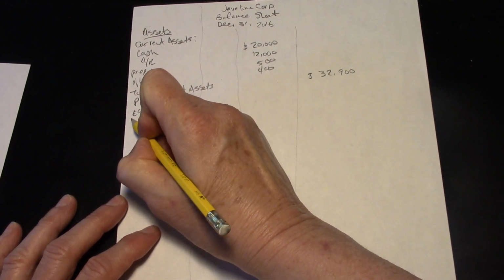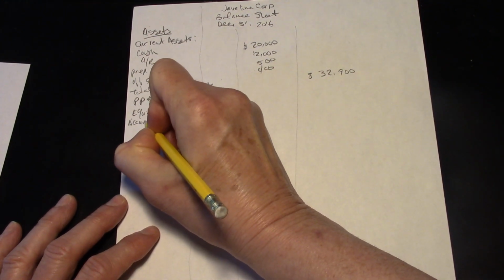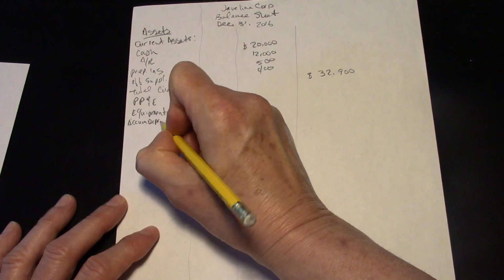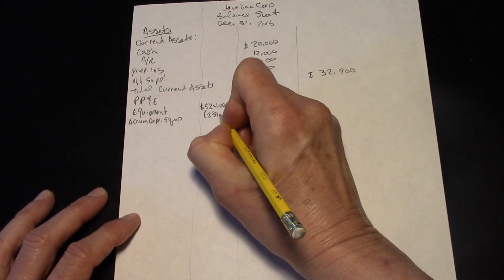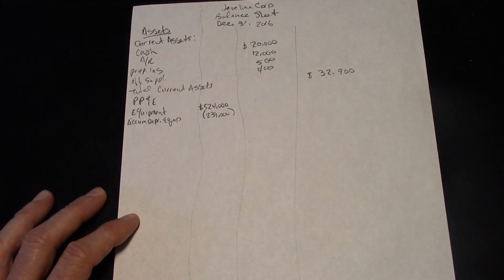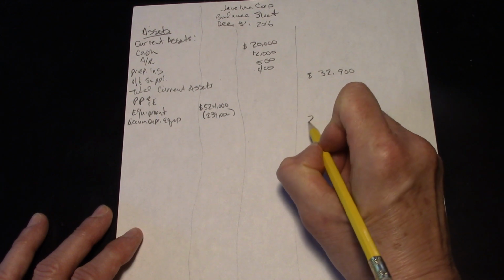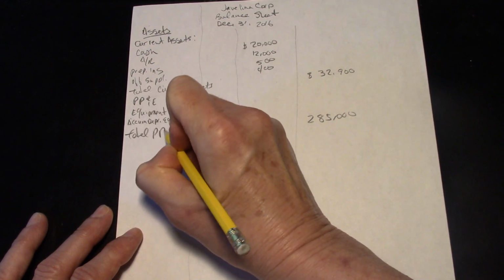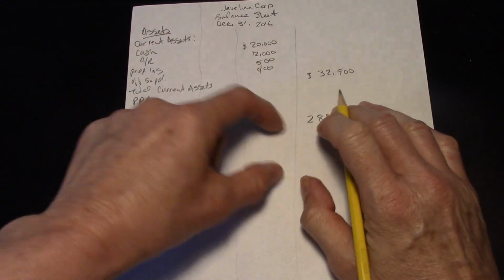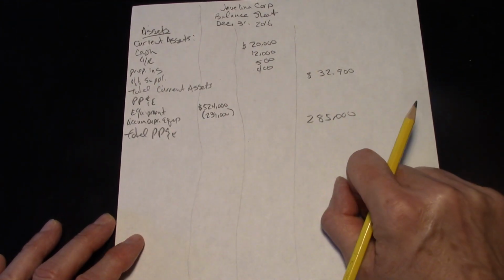And then accumulated depreciation on the equipment, you're going to subtract $239,000, and that gives us $285,000. And that's total PP&E. Now, if you had two of them, you might total them out here and then give your total. You might put your book values here and then your total out here.